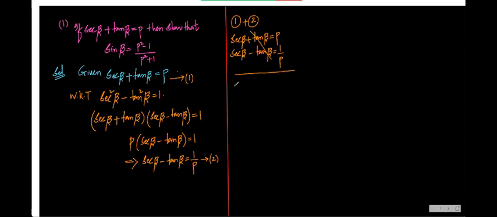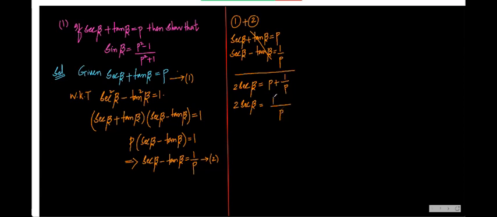Sec beta plus sec beta is 2 sec beta, which is equal to P plus 1 by P. 2 times sec beta is equal to, what's the LCM? P is the LCM.